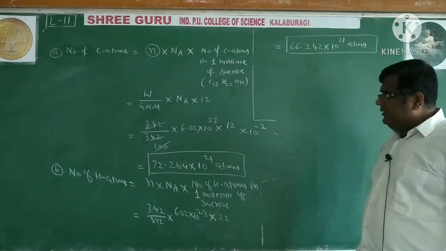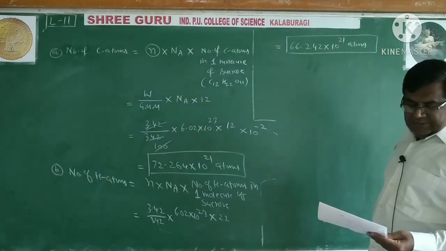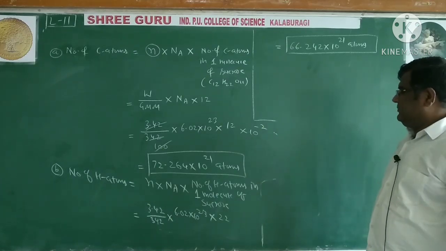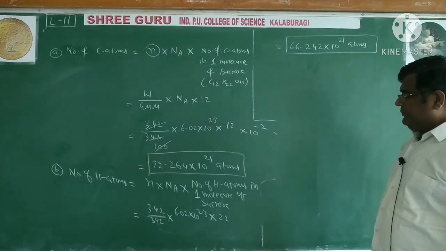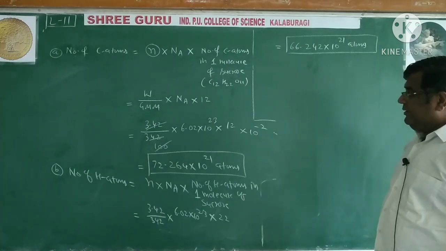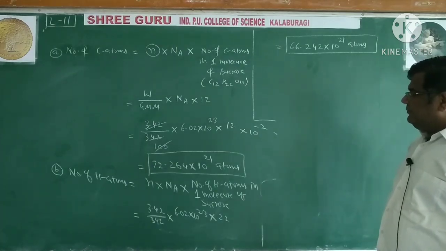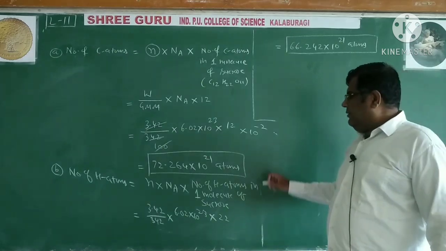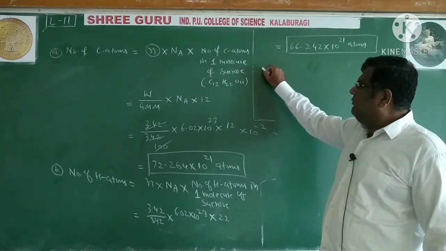So I hope that you are getting the same answer. 66.242 into 10 raised to 21 atoms of hydrogen. Right. The next one is number of oxygen atoms.